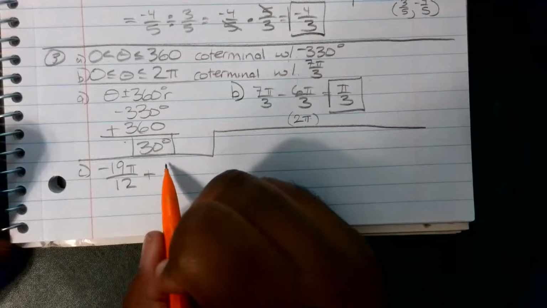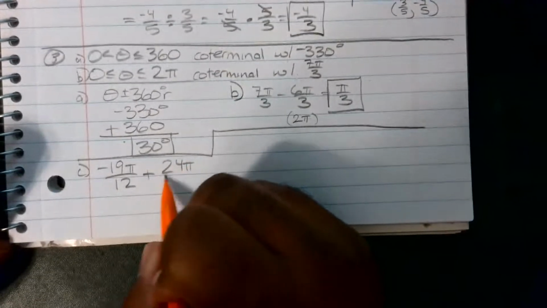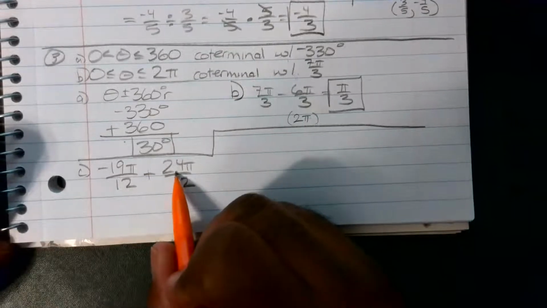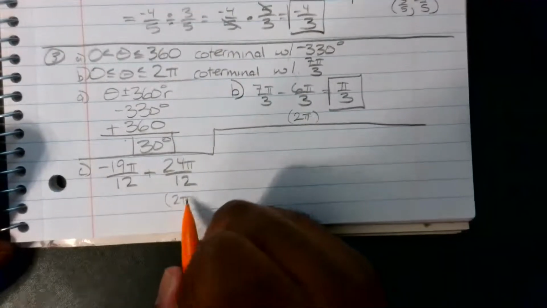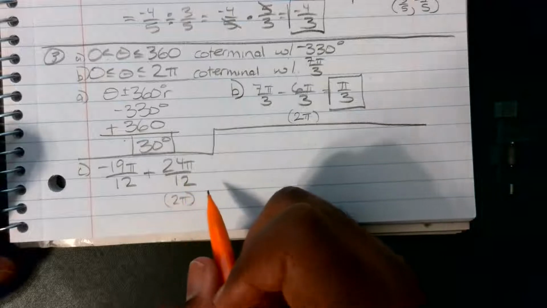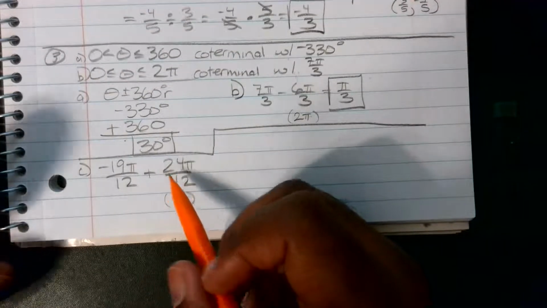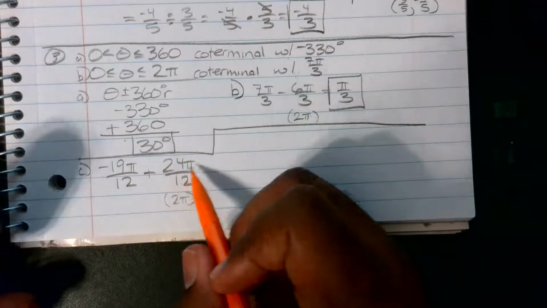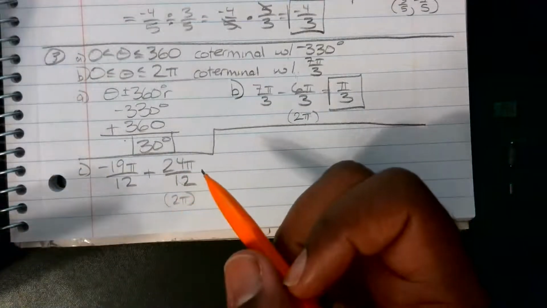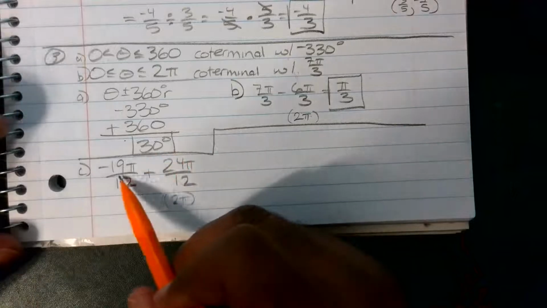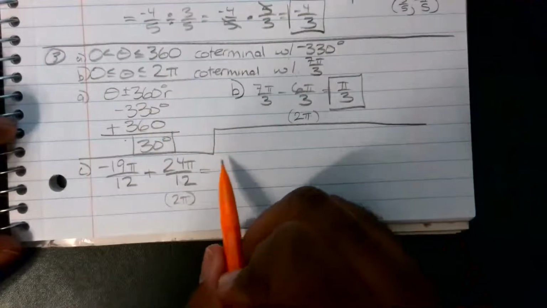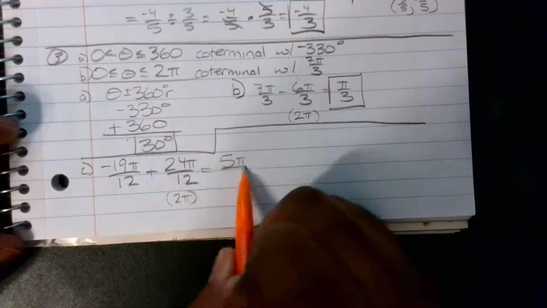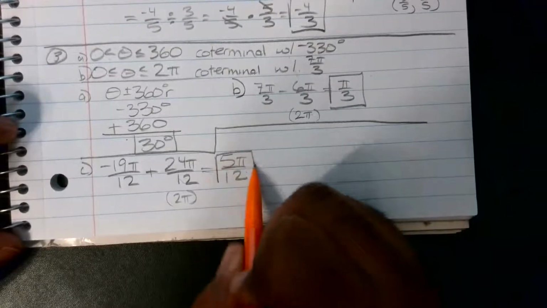A full rotation is 24 pi over 12 because this reduces to 2 pi. That's why I picked 24 pi over 12. Whatever the denominator is, I multiply that denominator by 2 and slap a pi on it. That's a full rotation. So negative 19 plus 24 is 5 pi over 12. And that's my answer.